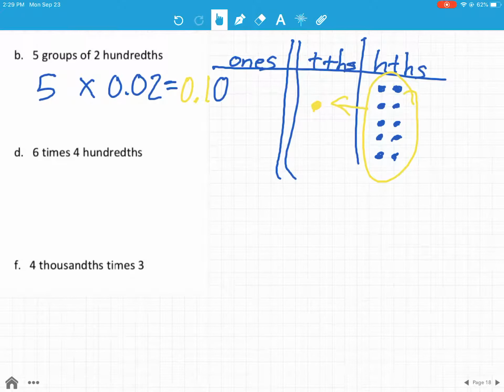Okay, if you're wondering how I got that, on your chart, hopefully you know that the decimal goes here, there's 1 here, and there's 0 here. So that's my answer, 0.10. Okay.